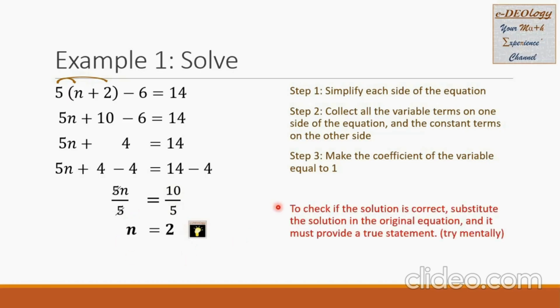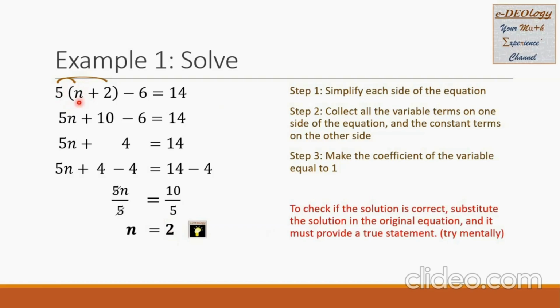Now, to check if the solution is correct, substitute the solution in the original equation, and it must provide a true statement. Since our problem here is not so complicated, let us try to do substitution mentally. This value 2, I'm going to substitute in here.